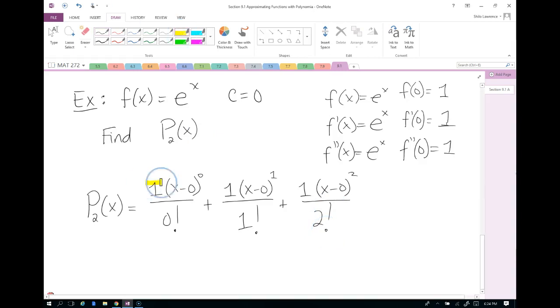So these 1's are coming from here. And then the 0 inside with the x is because that's our center. And it's also being used when we evaluate for our coefficients.